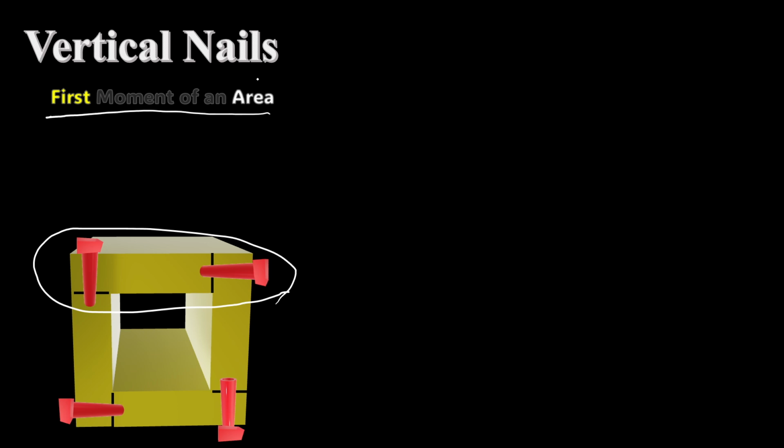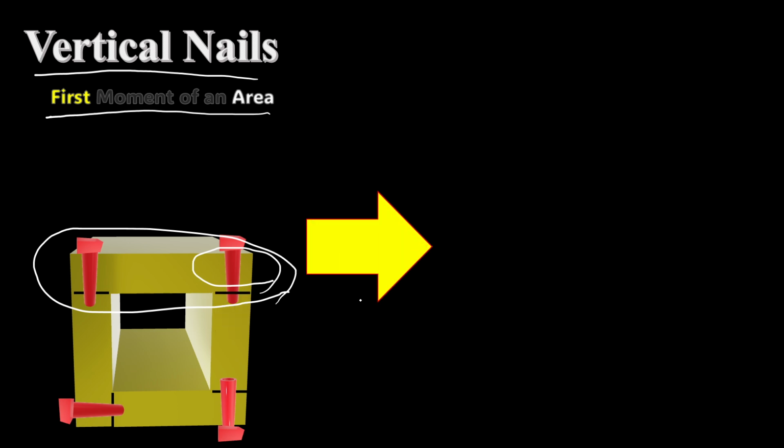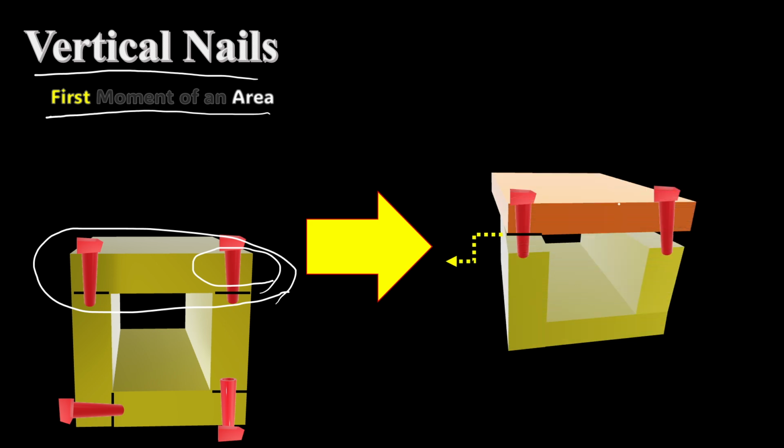And then if you have a nailing in this situation and you want to calculate first moment of an area for vertical nailing, you can flip-flop this one, the horizontal one, and rotate it 90 degrees to have both of them like vertical nails, then separate the top part.